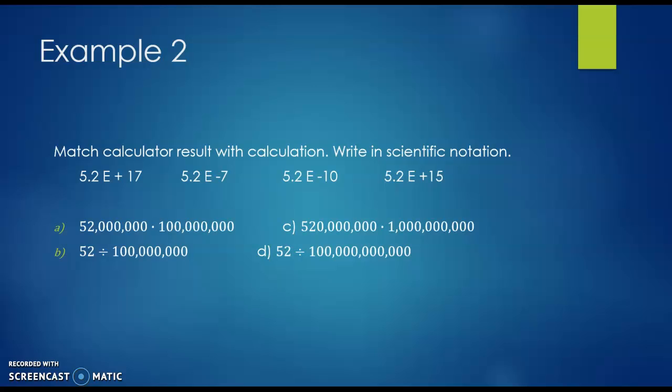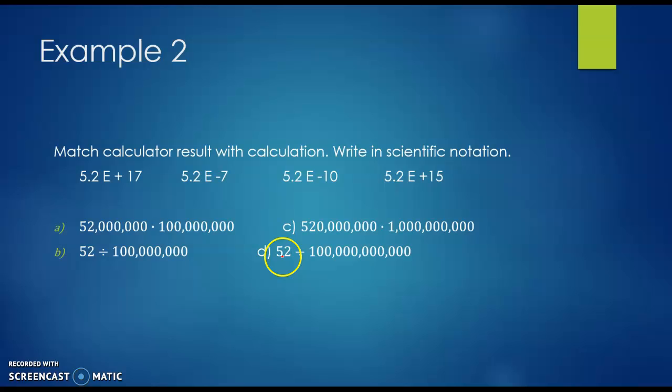All right. So what I didn't put in here is a slide explaining what these E's are. In a calculator, many calculators will, instead of writing times 10 to the, because it's all in one line and they don't always have the exponential function, use the letter E to signify that it's an exponent. So to match these, if it's multiplication, that's going to be a positive.